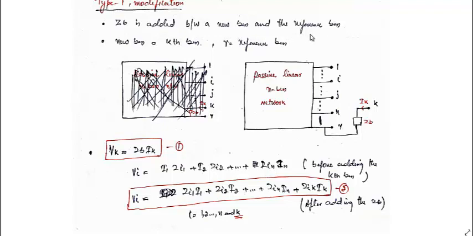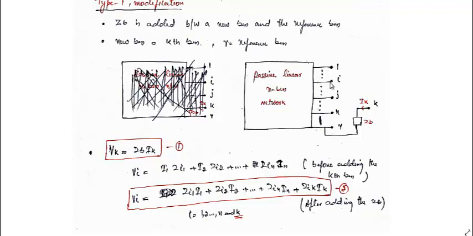a reference bus. So let us say this is our power system and it has n buses, and the new bus we are assuming to be the kth bus, and R is denoted for the reference bus. I have taken all the connections of the buses outside, and I have shown all my power system in the box, since we are only concerned with the nodes or connections to the bus.